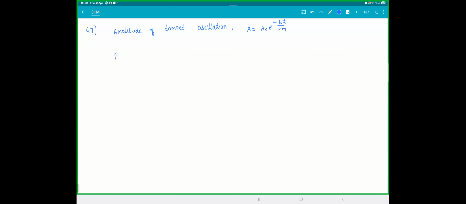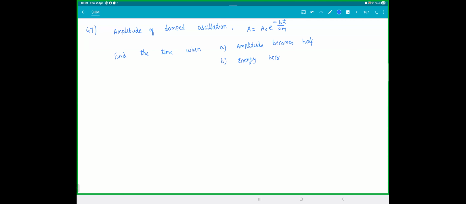Find the time when the amplitude and the energy becomes half. That's it. This is the kind of question they can ask you based on the underdamped case.